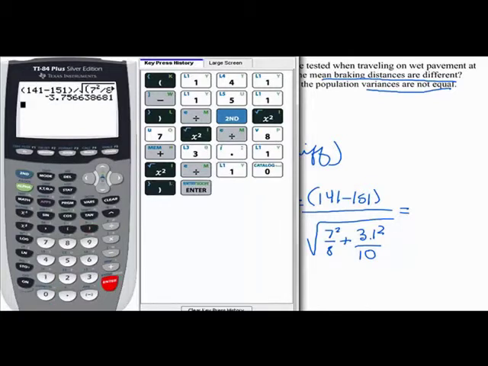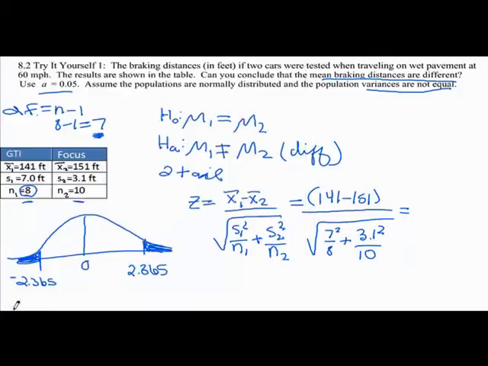So our t is going to be, it's actually t, not z, isn't it? Negative 3.76. If we put that in our picture here, negative 3.76 is in the critical region.